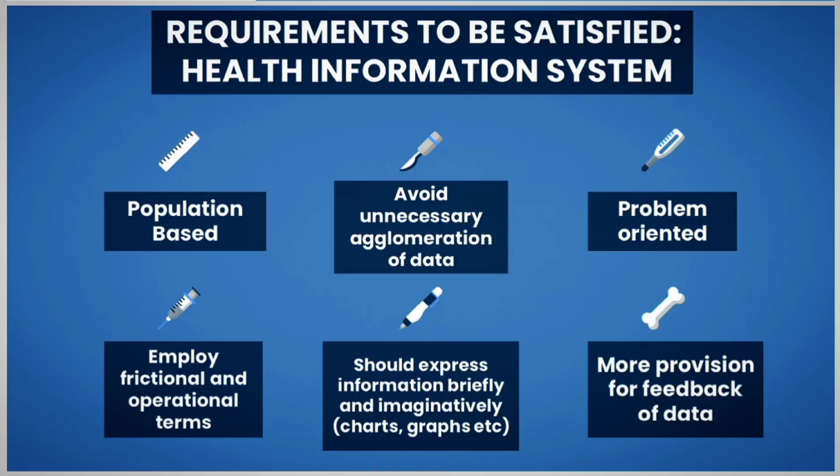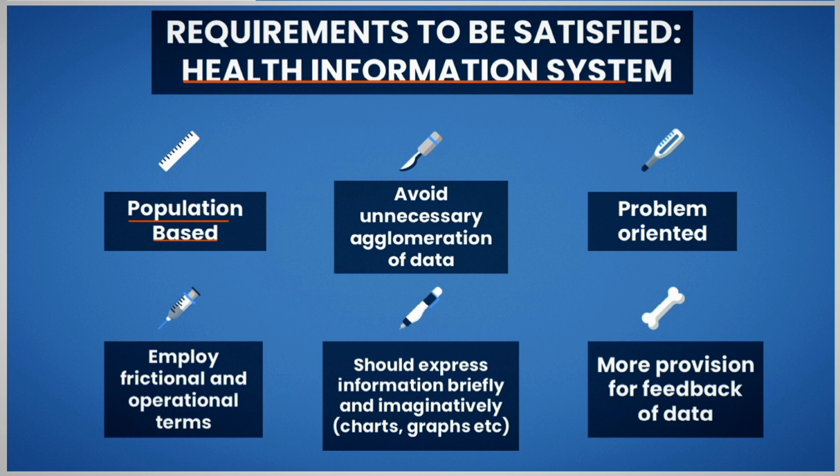Now coming to the requirements of any health information system. So health information system should be population based, means it should be able to solve any public health issue of any population, any community.